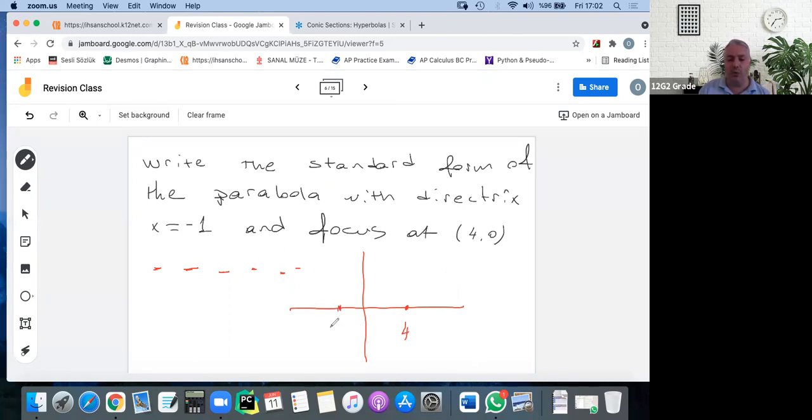So this is the directrix. Somewhere there should be the vertex and the focus. So how is my parabola? Is it something like that? This is the directrix, this is the vertex, this is the focus.